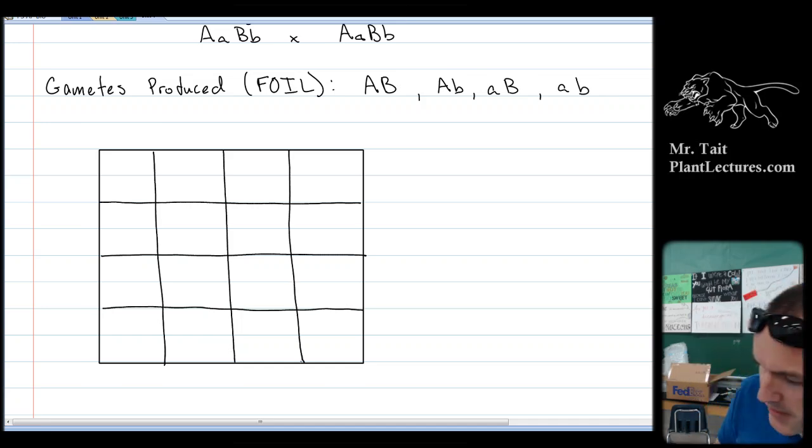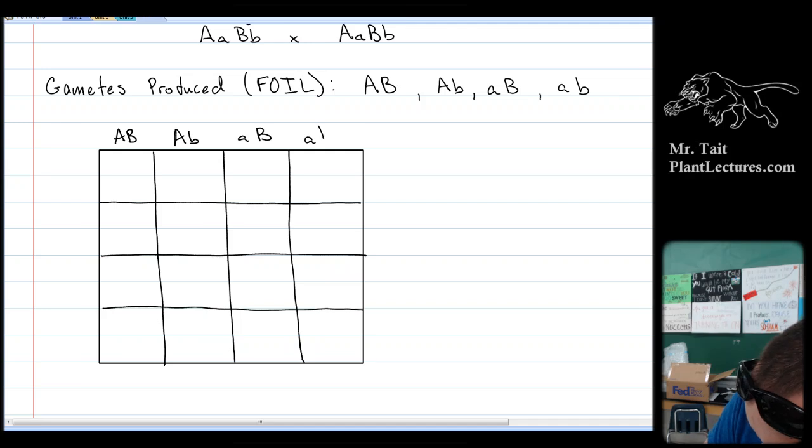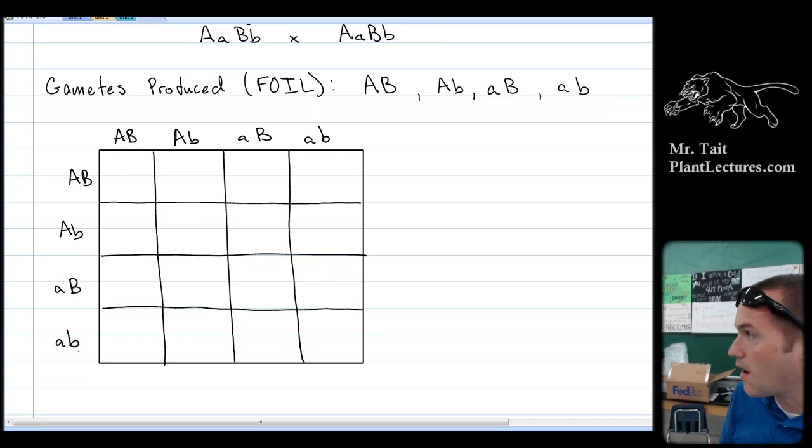To do a Punnett square for this, I'm going to take these gametes and I'm going to put them in the individual spots. And then I'm going to run them through.